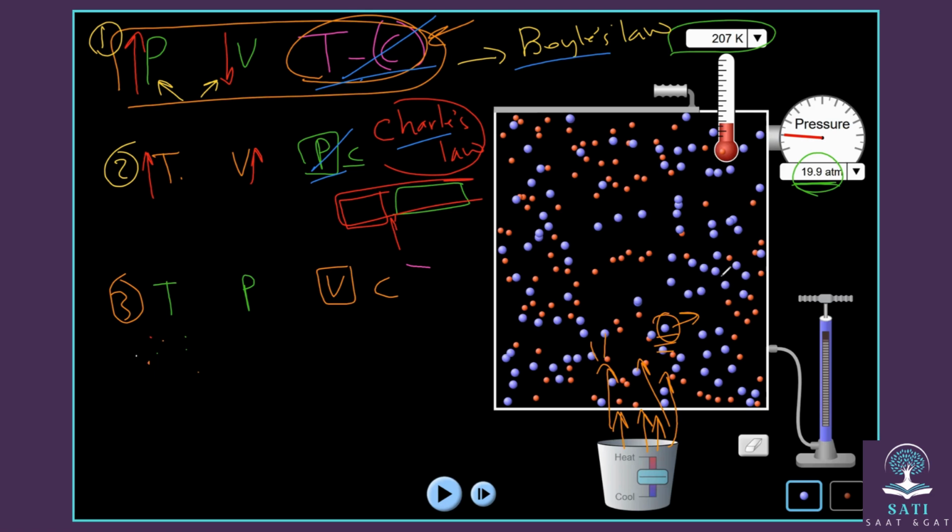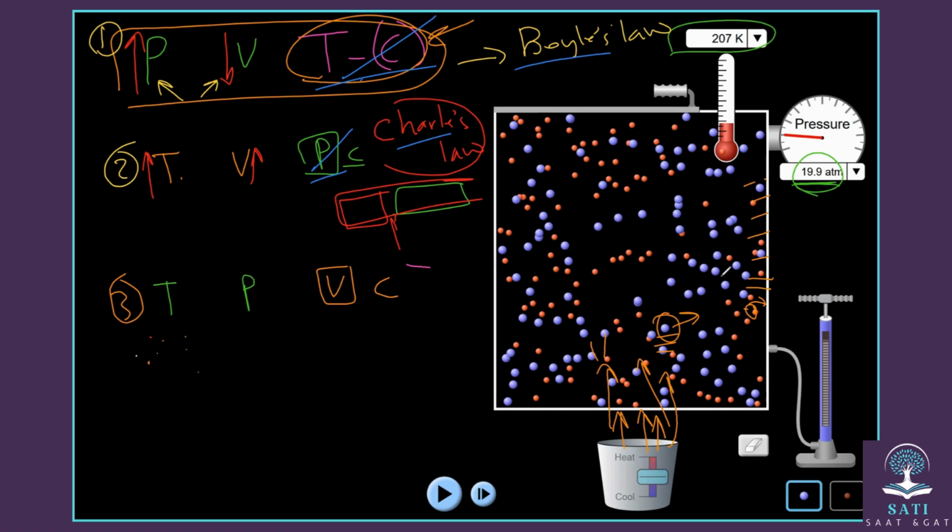So the temperature is the average of the kinetic energy of these particles. When the temperature of these particles increases, that means their average kinetic energy increases, so their speed increases. When they move with higher speed, they collide with the wall of the container faster.